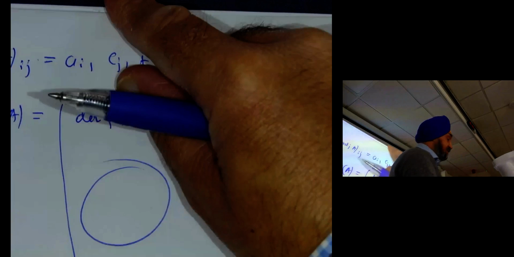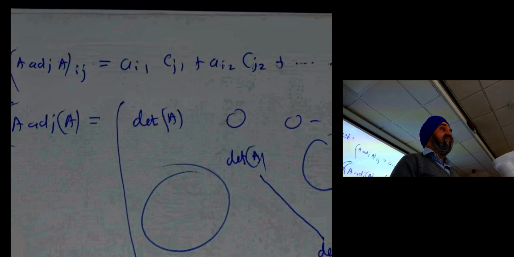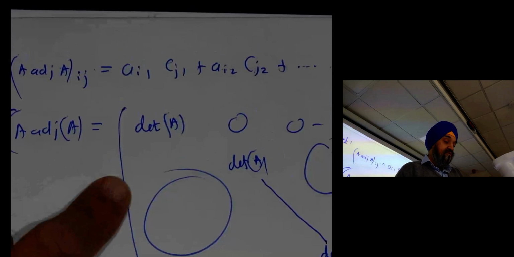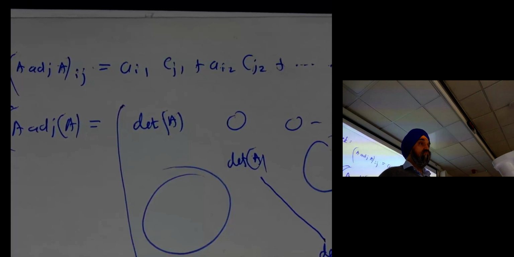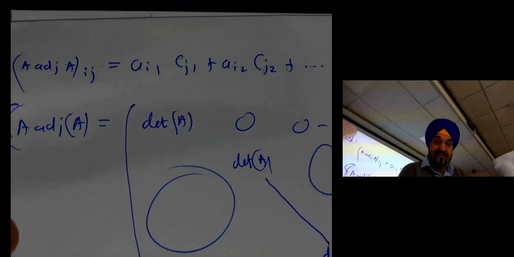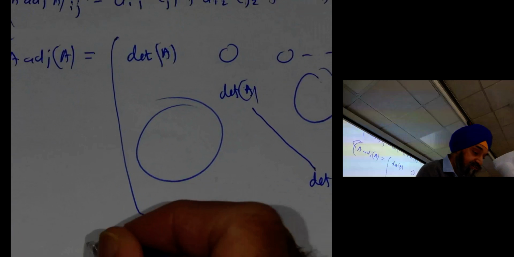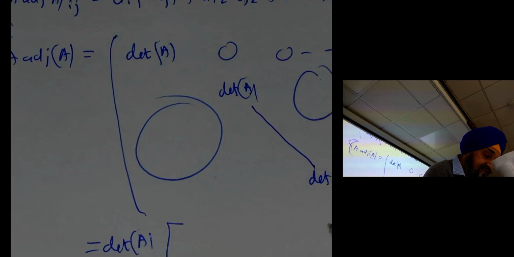That's what this says, isn't it? When I is equal to J, you get det A. When I is not equal to J, you get 0. So what can you do with this? You can take the determinant out, can't you? You can say this is equal to det A, and what do we have inside?